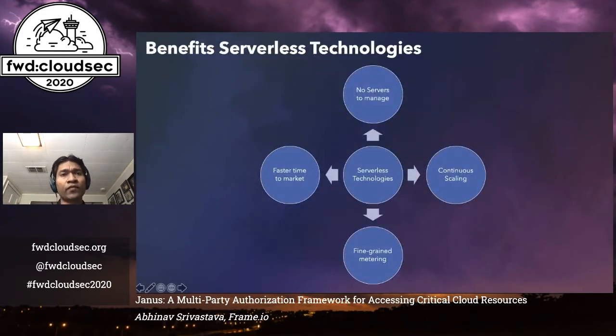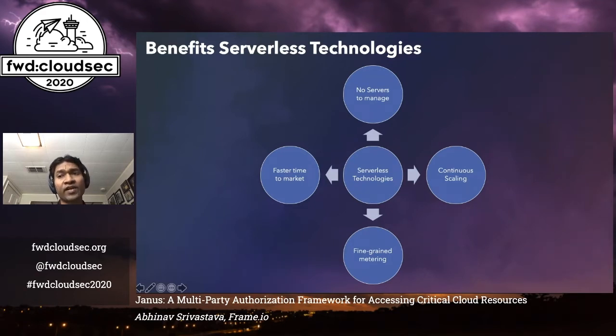There are many benefits of using serverless technologies. First, no servers to manage, so you don't have to worry about patch management and managing our own servers just for Janus purposes. It offers continuous scaling, so it is managed by the cloud provider, and we don't have to worry about peak demand or anything.